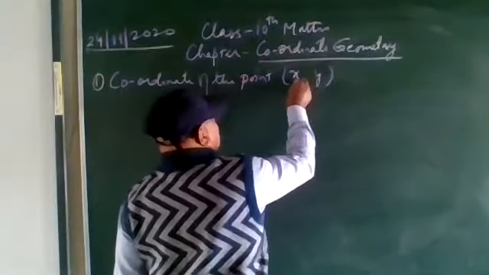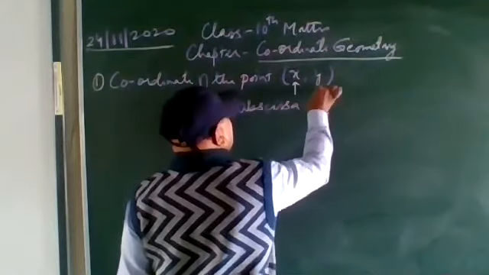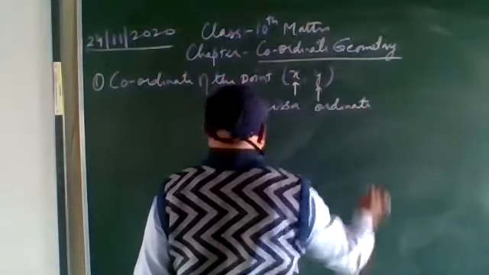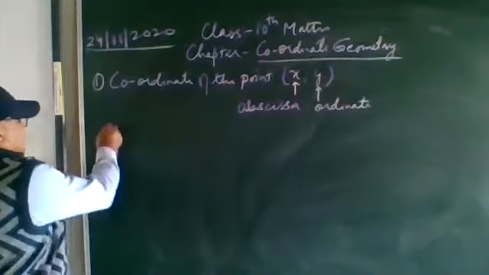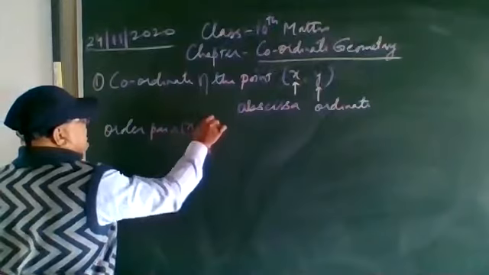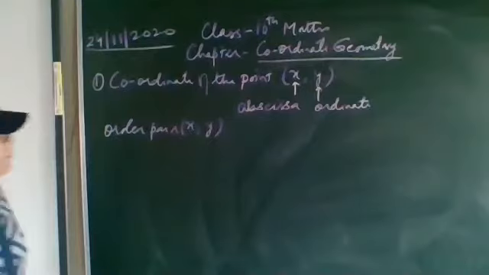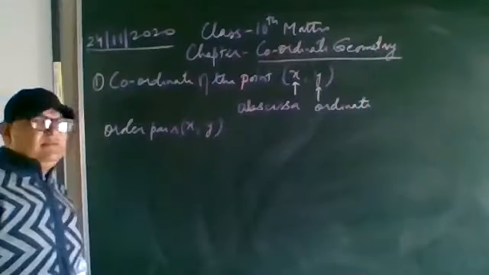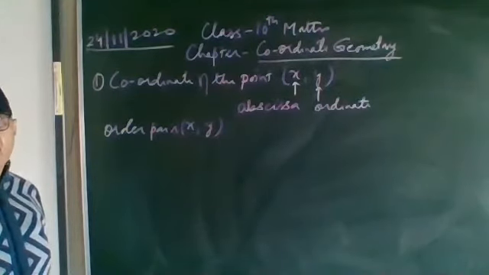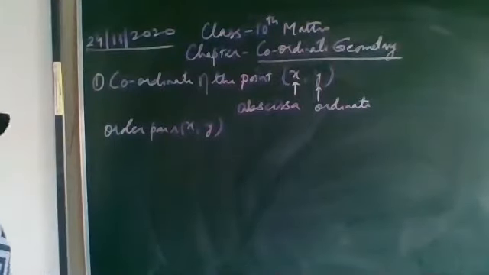Here x is known as the abscissa, and y is known as the ordinate. The ordered pair is x, y. Sometimes in a question you will come across find the abscissa of the point or find the ordinate of the point, so you must know the concept of abscissa and ordinate.